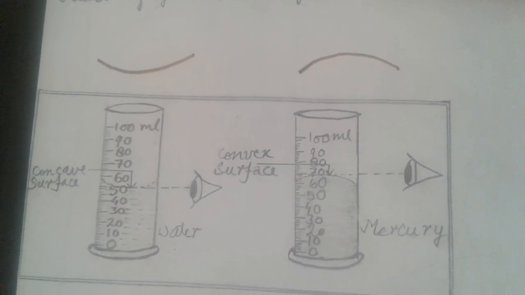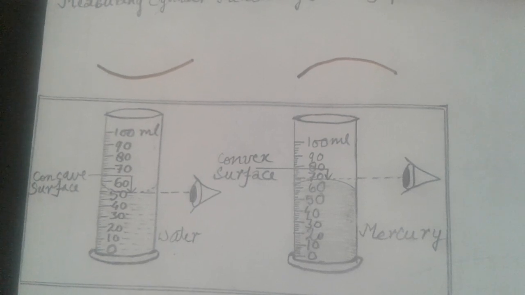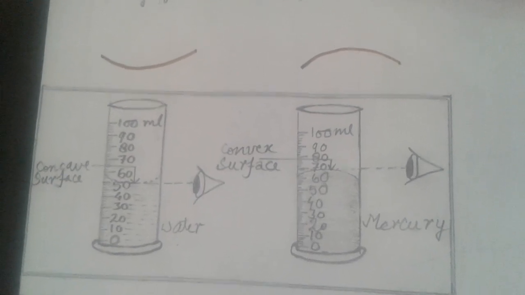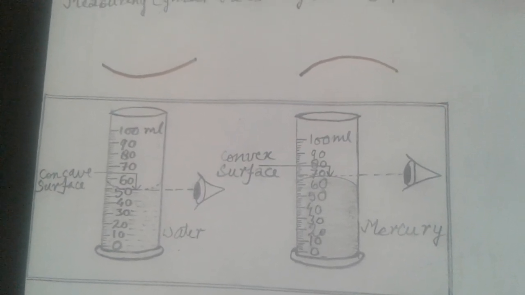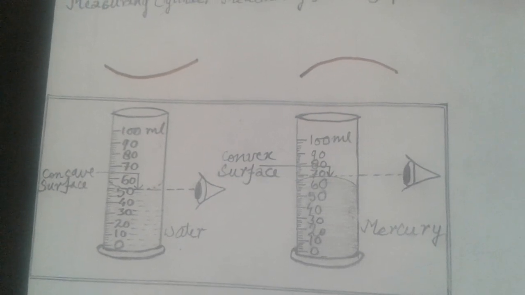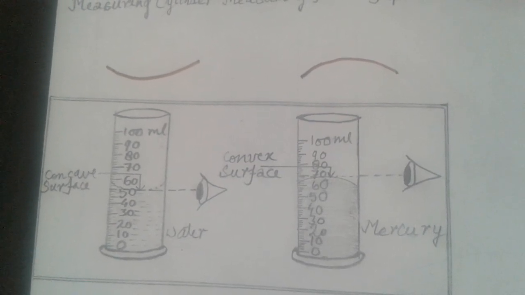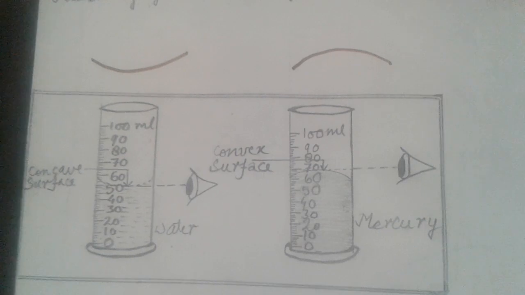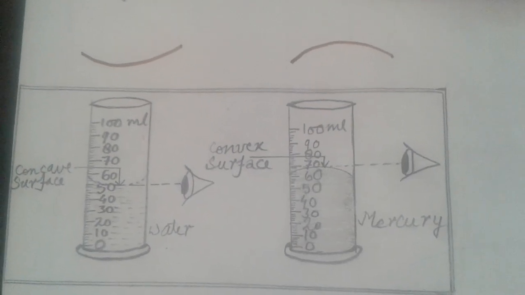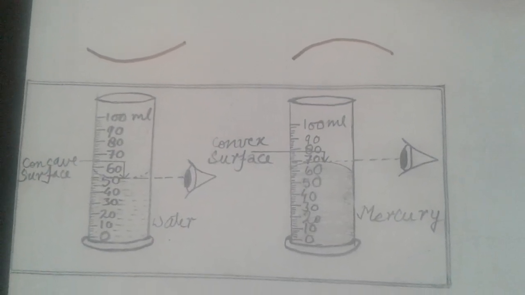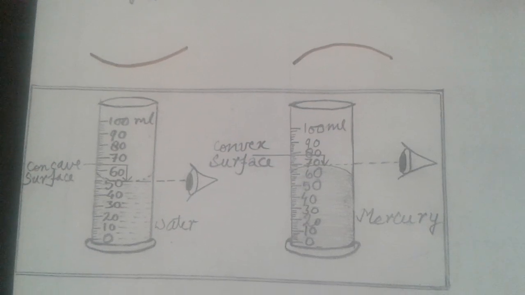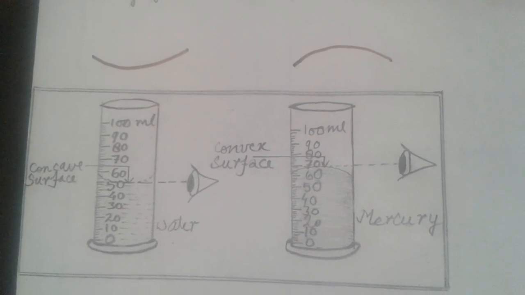What is cohesion? Cohesion means force of attraction between similar kind of molecules, like between the molecules of water. And force of attraction between the different kind of molecules, like between the molecules of water and glass, is known as force of adhesion.